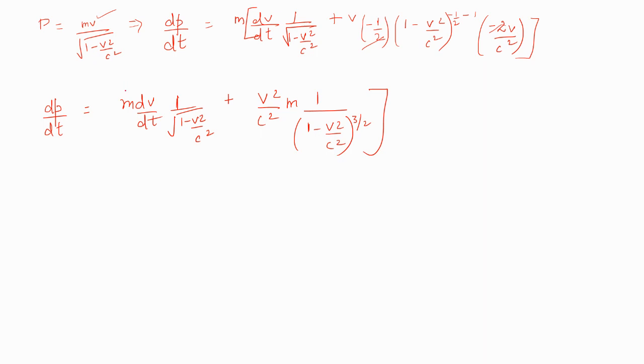I'm taking it in the denominator, right? dp by dt is equal to, take the common things. Oh sorry, here dv by dt will also come. You can also do the differentiation with me and tell me if I'm going wrong on any step. Okay.